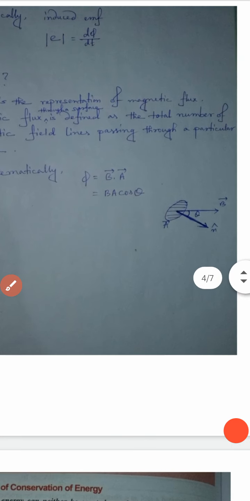Now see here, suppose there is an area like this. Here we are considering area as a vector, so its direction is always perpendicular to its surface. Its direction will be this one, n cap, perpendicular to the surface.